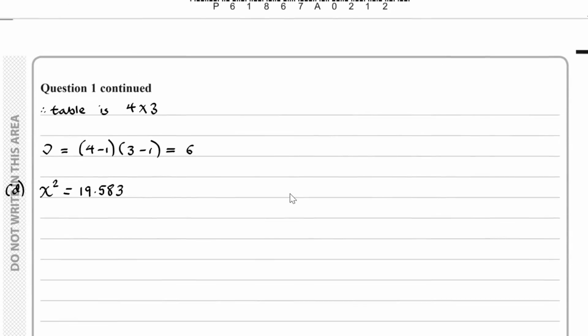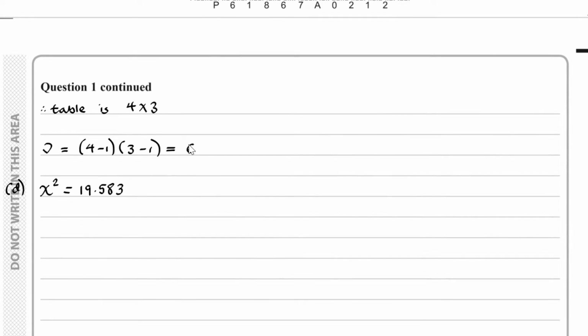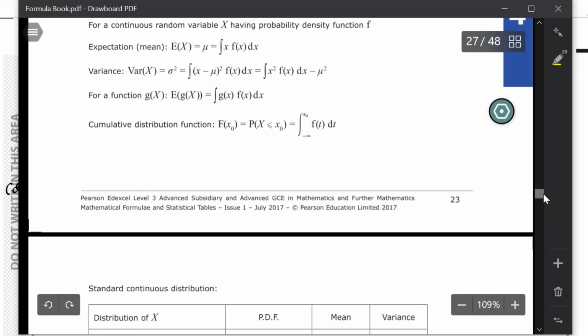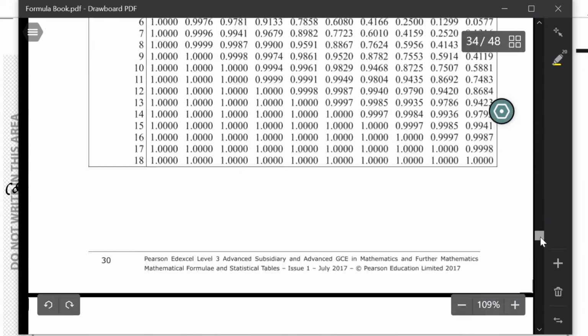Well, we've got 6 degrees of freedom, and what we can now do is find out the critical value, and we're testing at the 5% level of significance. So we've got 6 degrees of freedom at the 5% level of significance, and if we go to the formula book, we can find out what this critical value is.